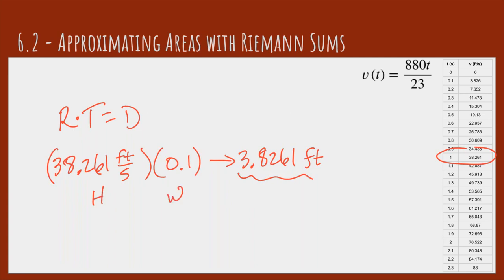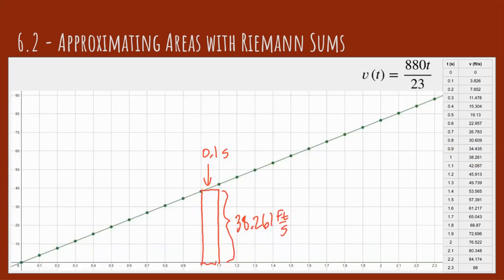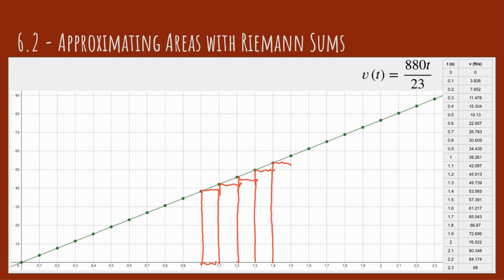So by adding all of these up, what we're doing is taking a bunch of these rectangles and adding up all of those areas. Pardon the sloppiness here, but hopefully you get the idea. Now, I think that by looking at this picture here, you're going to see a little bit of a problem, and I already addressed that problem.